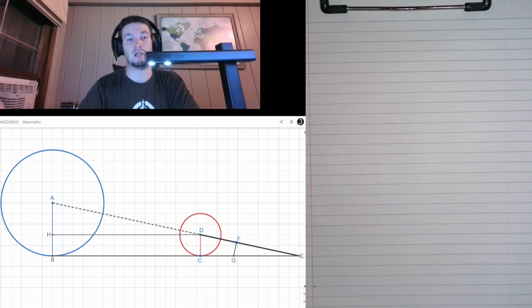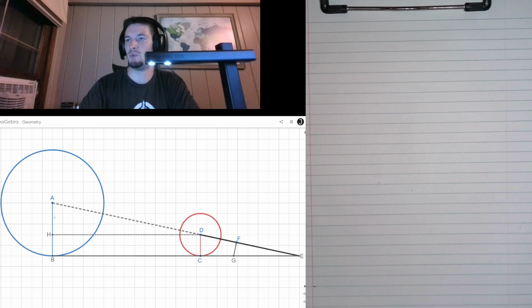We know that the interior angles of a triangle add up to 180. So if you have two triangles and both of them share two angles, then you know that they share the third angle. So for example, if you have a triangle with angles 20 and 30 and another triangle with angles 20 and 30, you know that the third angle of both of those triangles is 130 degrees because 20 plus 30 plus 130 equals 180.